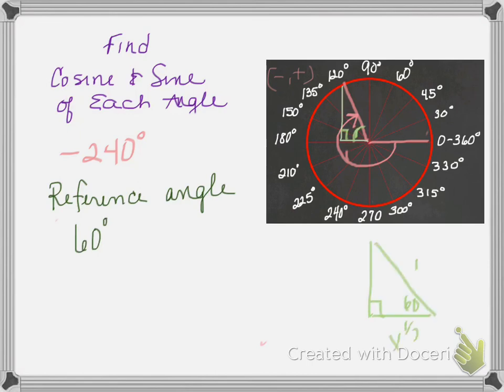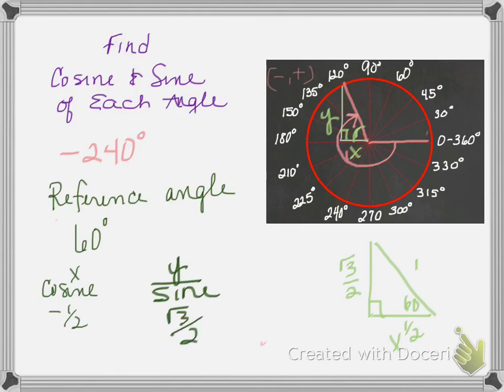So that angle in green there is 60 degrees. In the corner, I drew the 60-degree triangle again, showing you the orientation. The y value is the square root of 3 over 2. Hopefully you're remembering the y value relates to the sine. The cosine is negative 1/2, because those are the signs that are necessary to be in the second quadrant for x and y.